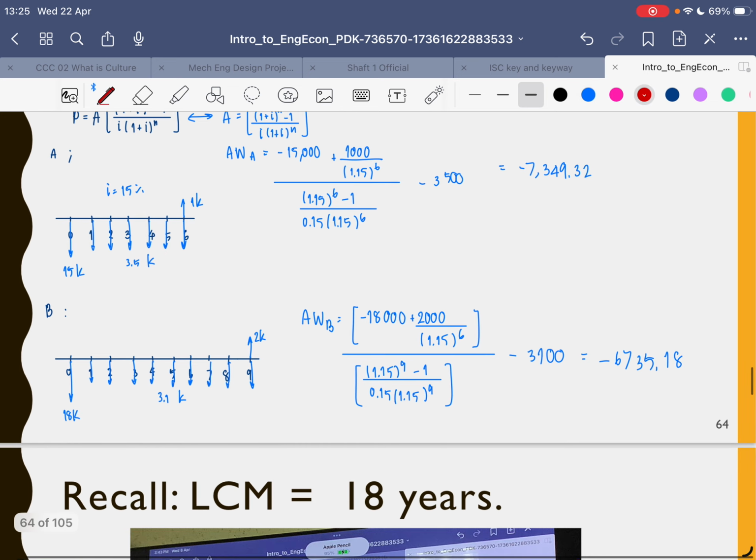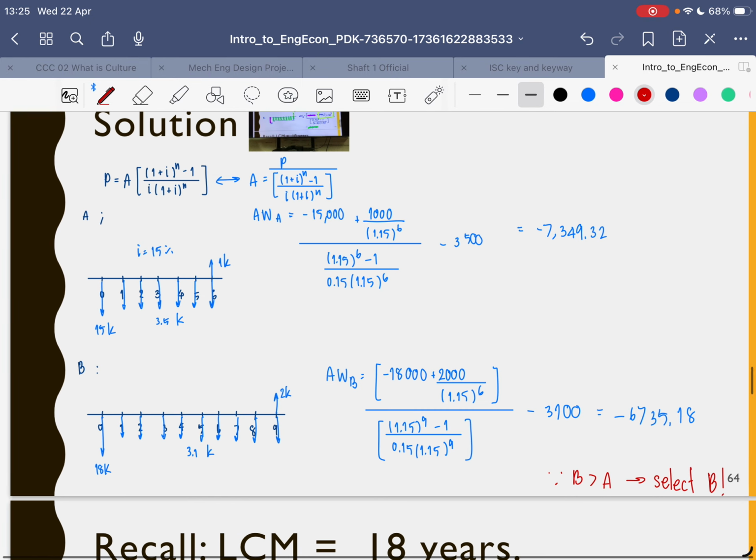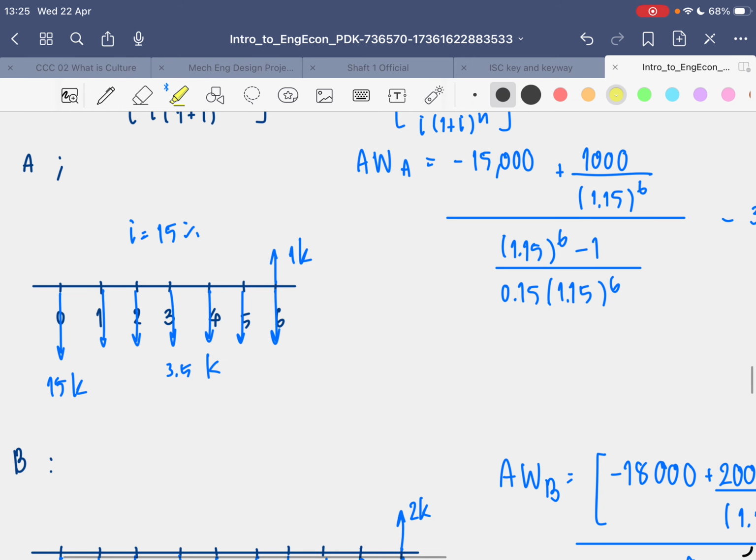So I will highlight as B. The green one is 1.15, which is here, and then the pink one is 1,000, and then the yellow one, which is the 3.5K, is this one.